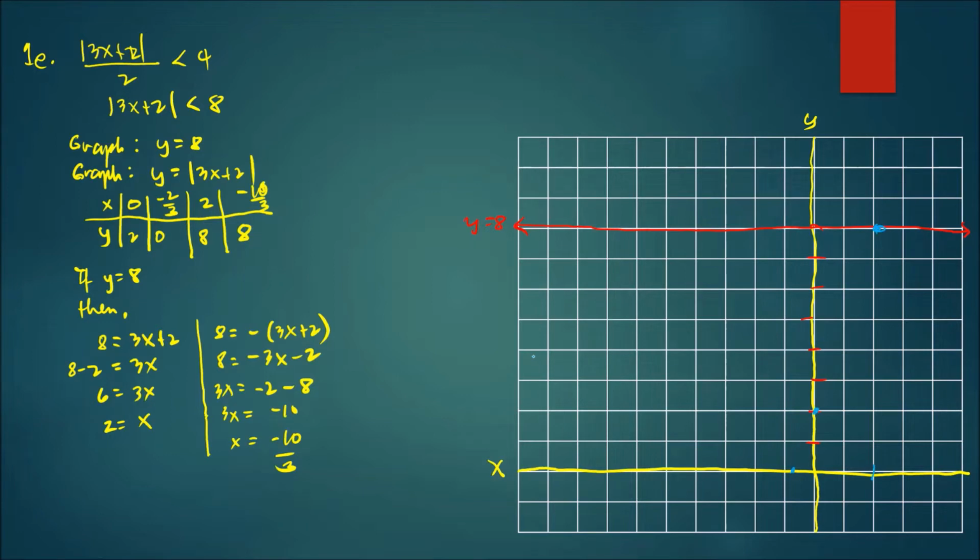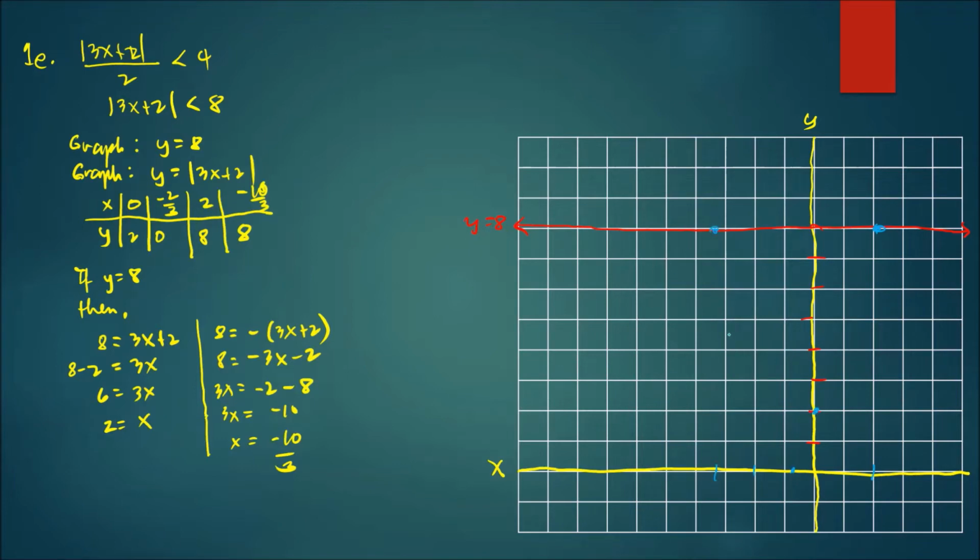Then we have negative 10 over 3, which is negative 3 and 1/3. So we have negative 1, negative 2, negative 3 and 1/3, 8. So 1, 2, 3, 4, 5, 6, 7, 8. So that will be approximately here.